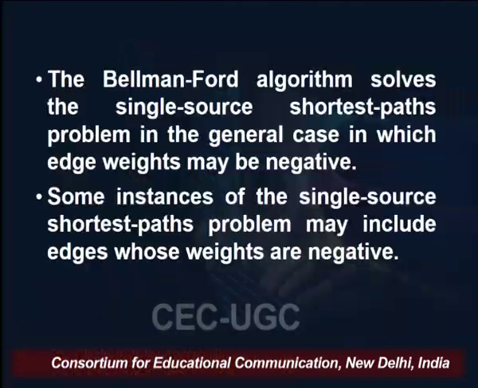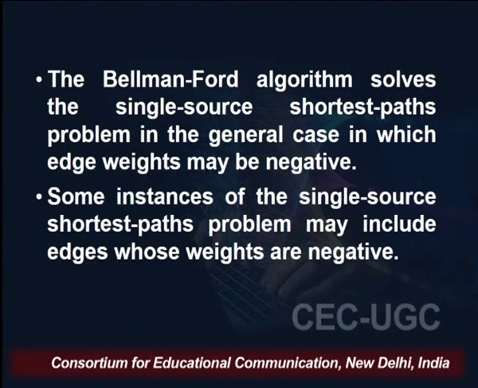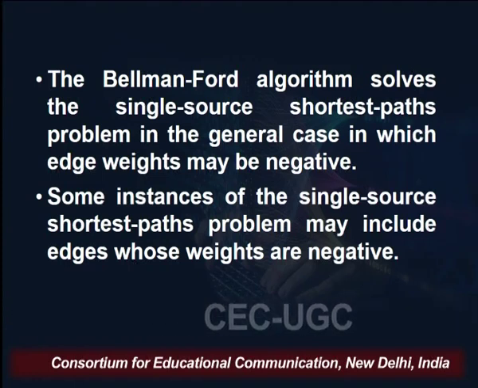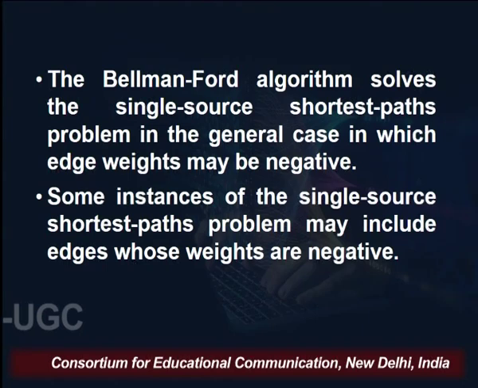The algorithm or technique which comes into the picture is the Bellman-Ford algorithm, which solves the single source shortest path problem even in the general case in which your edge weights may be negative. So, this is going to be our agenda, or our focus, at least when I am talking about shortest path problems.